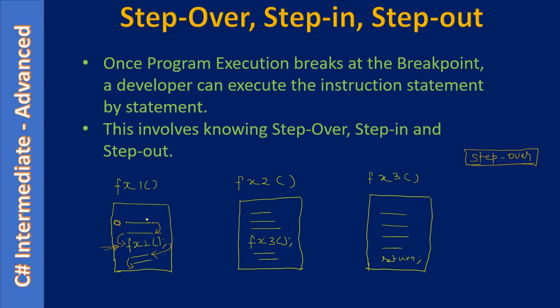So if you see, we debugged the statement line by line, 1, 2, 3, 4, 5. The sequence is the same. Even though there is a function involved here, we executed all the lines. These are the line numbers 1, 2, 3, 4, 5, and here it is 1.1, 1.2, 1.3.